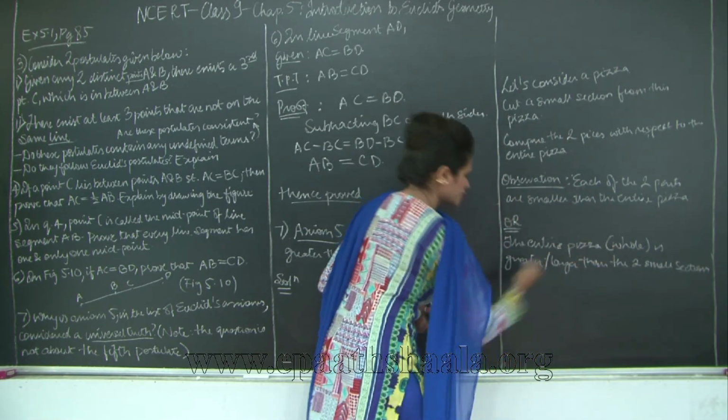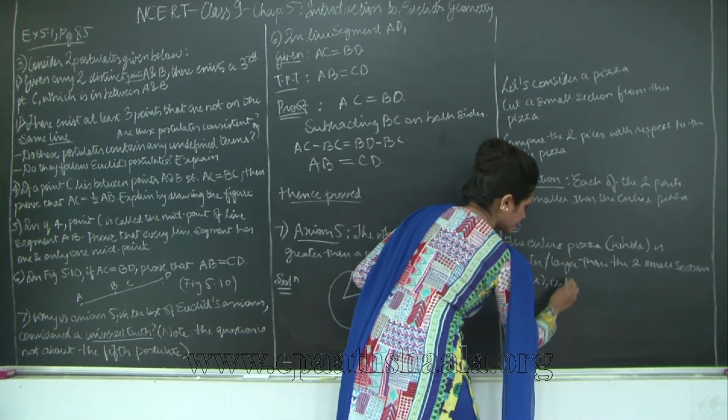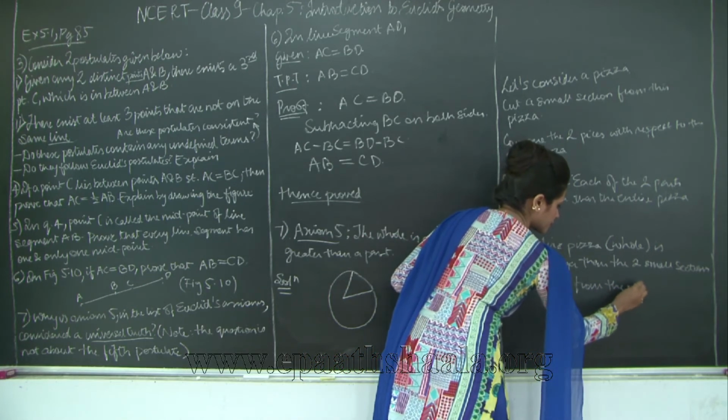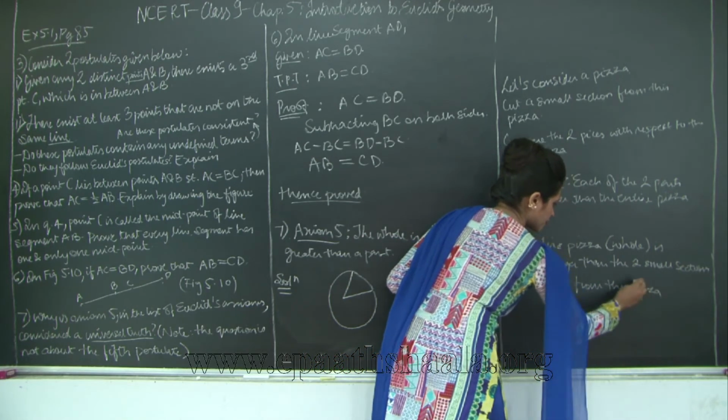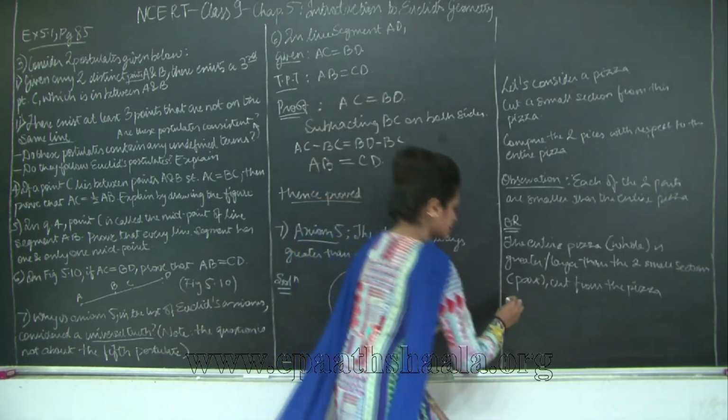So for sections I am going to say part. Therefore, what can I say? Axiom 5 is universal truth.